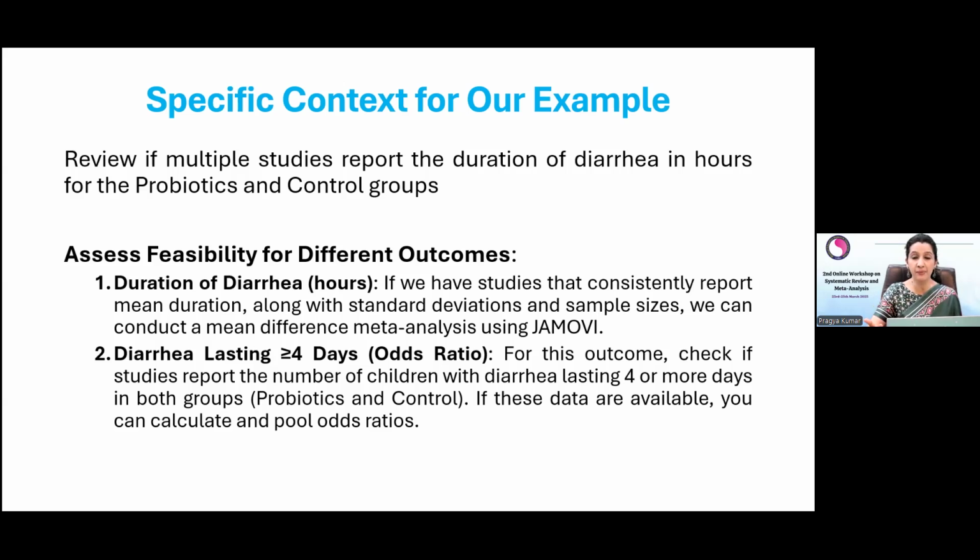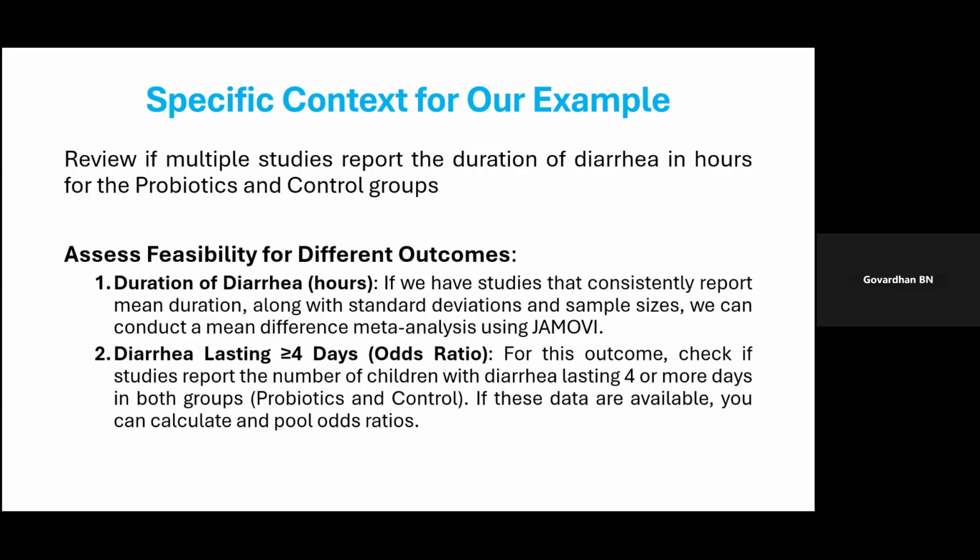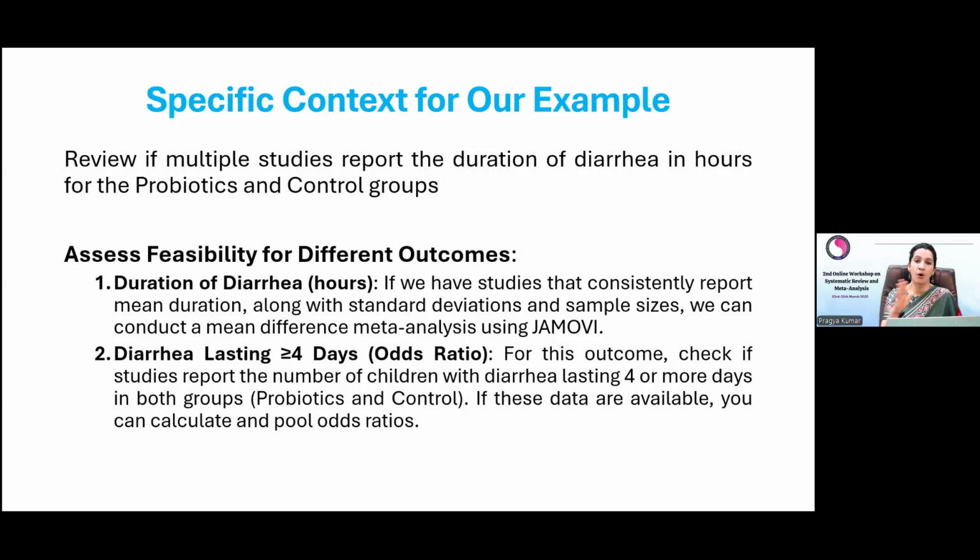Many times you devise your own strategy also, like you can see here, the author has done more than 4 days. So I said that a minimum of 2 studies are needed. Even if you get 2 studies having similar outcome measurement, then also you can perform a meta-analysis. That decision is entirely dependent on the availability of data which you review.